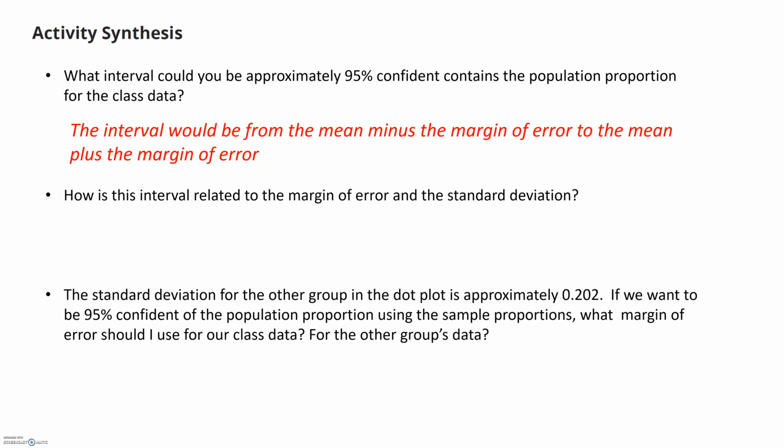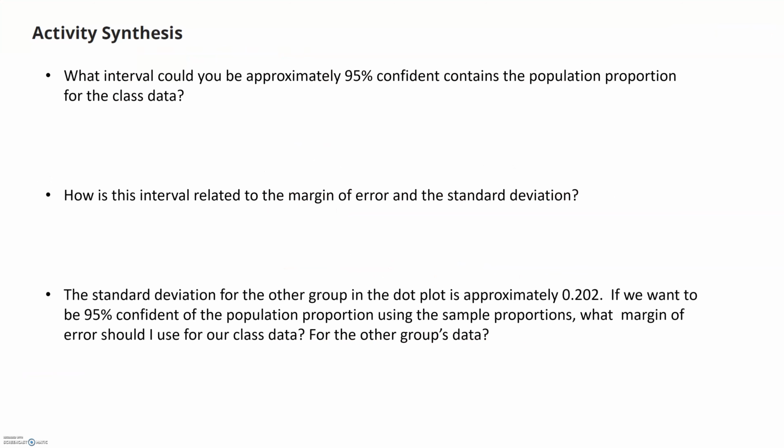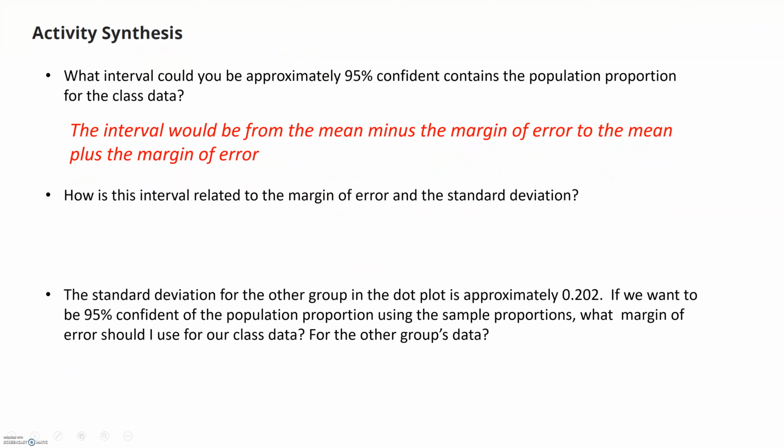So we simply need the mean minus twice the standard deviation, which is the margin of error. Anyways, so this is for the first question. That's how we find it. And then the next one is, how is this interval related to the margin of error and the standard deviation? I just said it. The margin of error is twice the standard deviation.